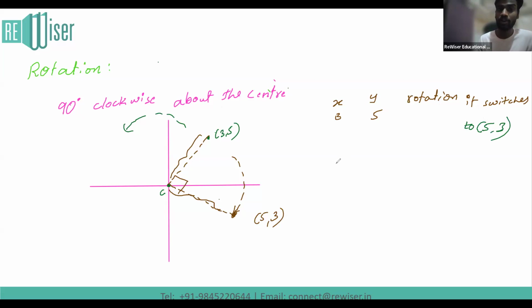And next, if I talk about 90 degrees, sorry, 180 degrees clockwise or anti-clockwise. Whenever it's 180 degrees, irrespective of whether you're rotating it clockwise or anti-clockwise, it will remain the same thing.